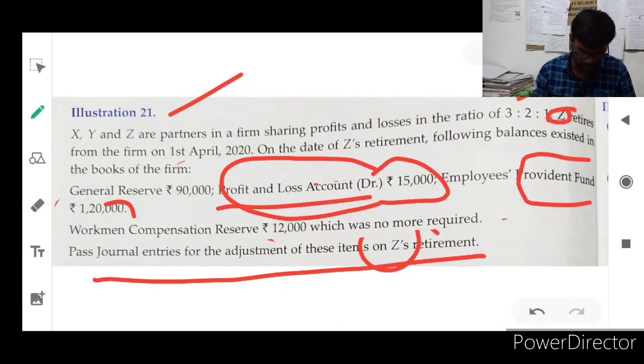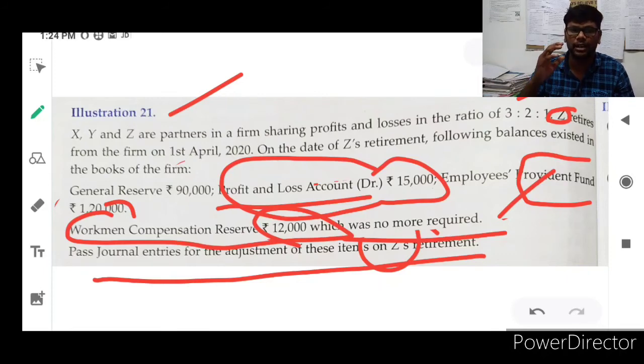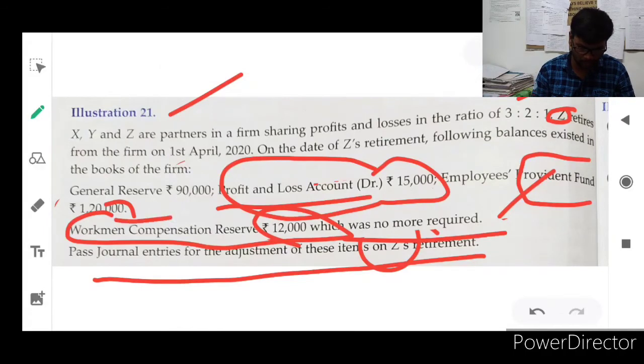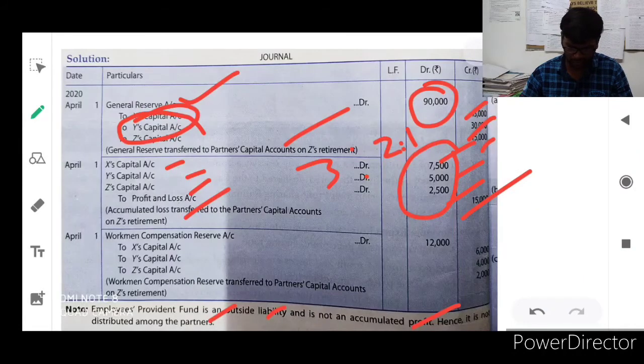And the last one is workmen's compensation reserve, 12,000 rupees, which is no longer required. That means after meeting its claim, the excess amount of workmen's compensation reserve is transferred to all the existing partners as per their existing profit and loss sharing ratio.